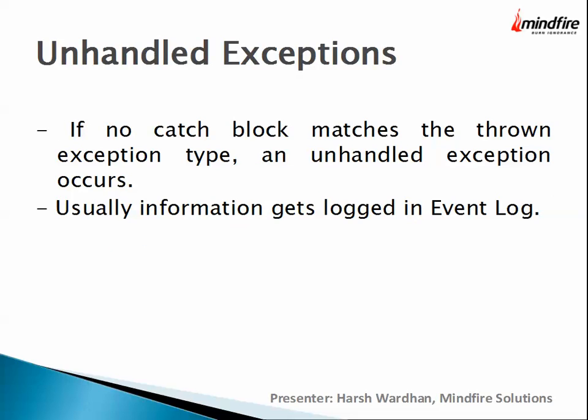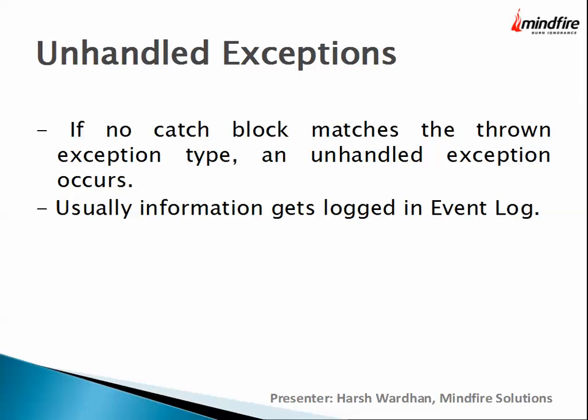Now the unhandled exception, we have seen many. If no catch block matches the thrown exception type, an unhandled exception occurs. So the CLR, from the point where the exception occurred, first looks into the call stack and checks for catch blocks.